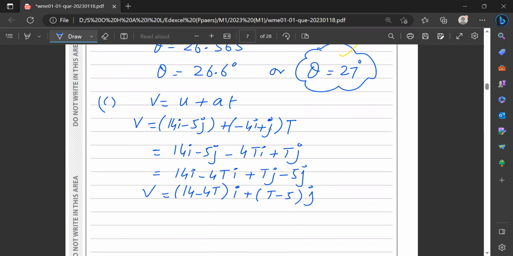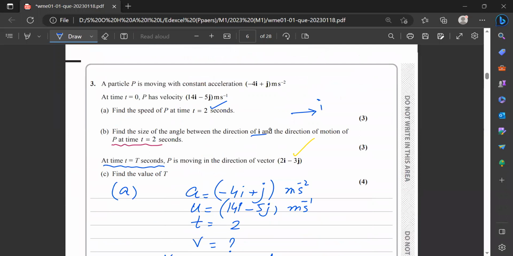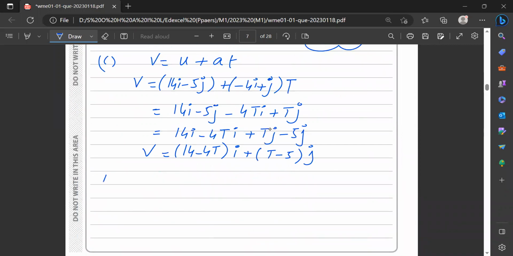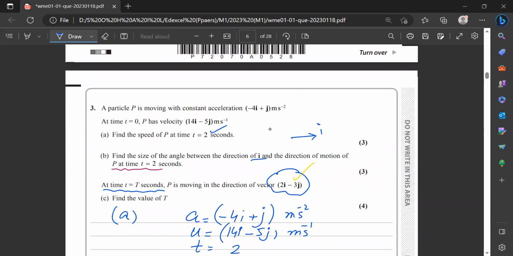The important point in the question is that it is moving in the direction of 2i minus 3j. So P at this point is moving in the direction of 2i minus 3j.